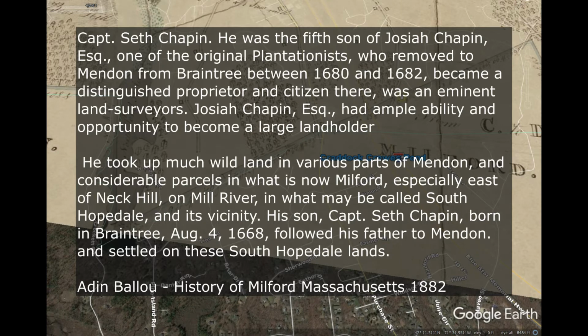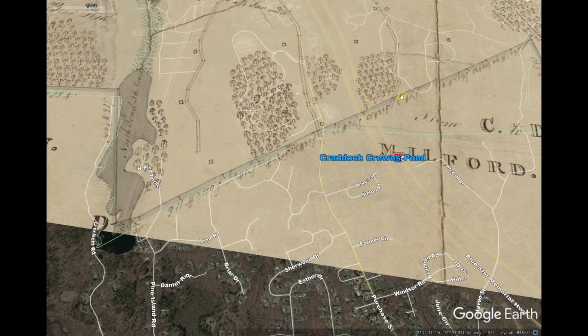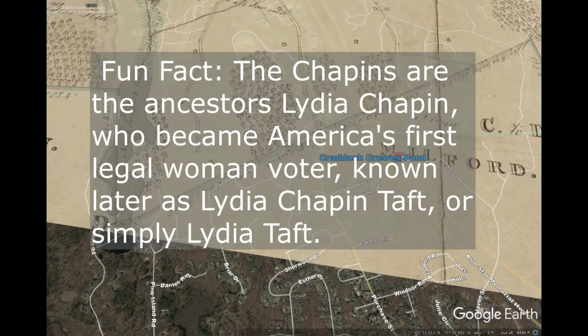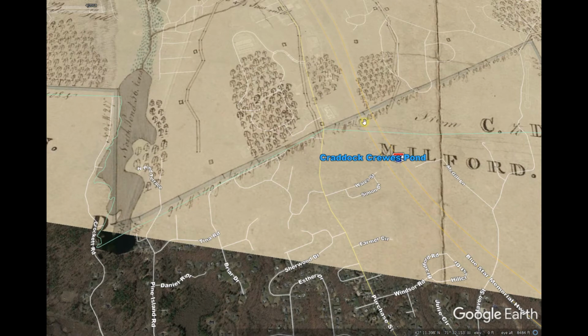Now the North Purchase is important because in the deed for the North Purchase, the additional land purchased by the town of Mendon to expand their town out, is the first mention of the name Maspinock, in this deed with the Indians or the Nipmuc, who were the original people who owned these lands.